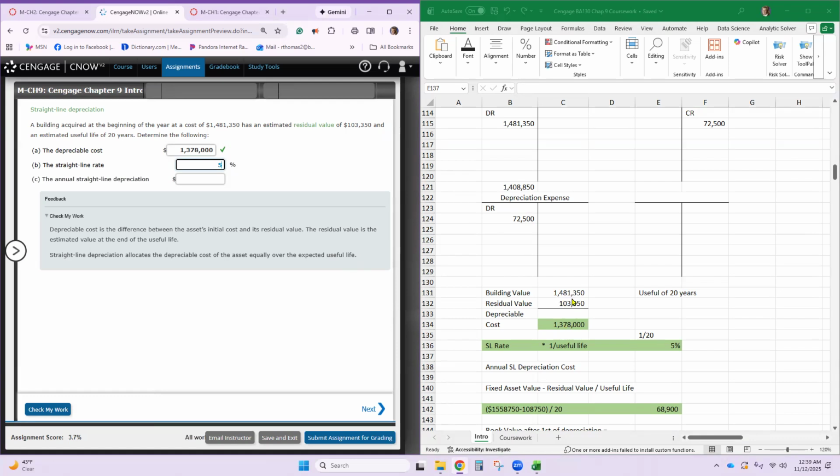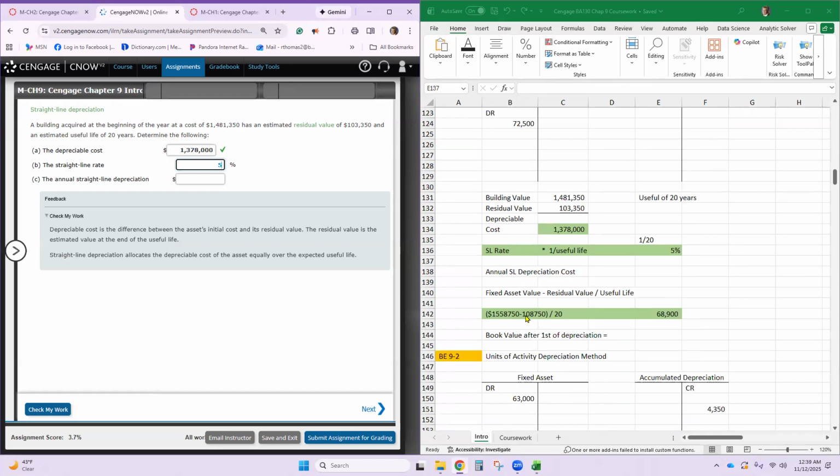Now, if this residual value was 0, then the building value and the depreciable cost would be the same, but this is not 0. If you do get 0 residual value, be sure to just put 0 in so that you know that you have looked for it.